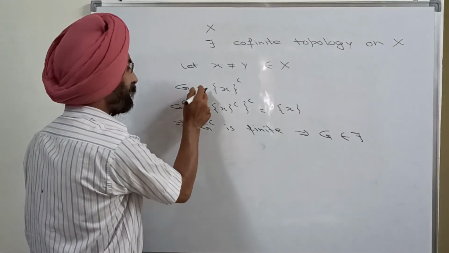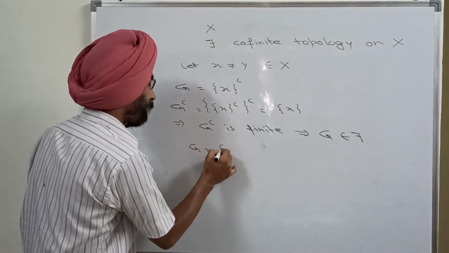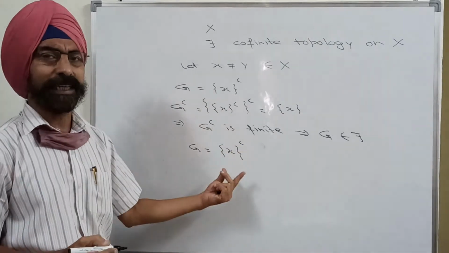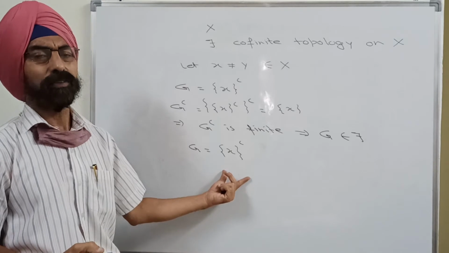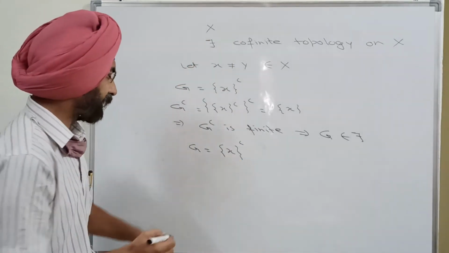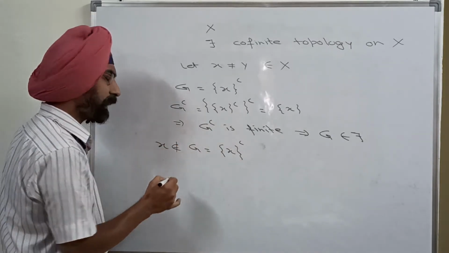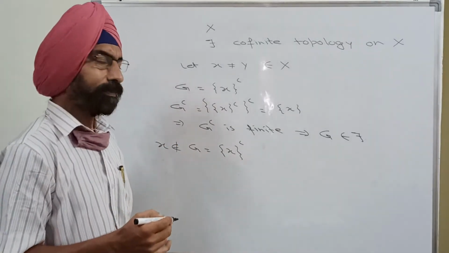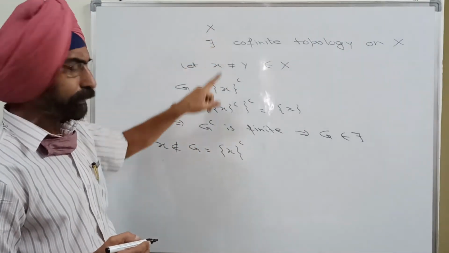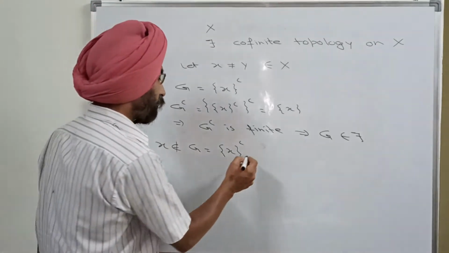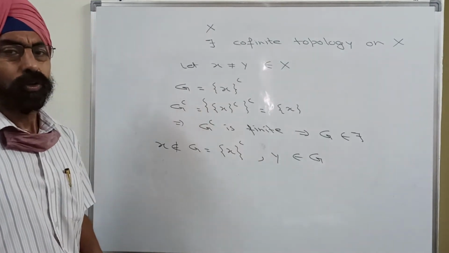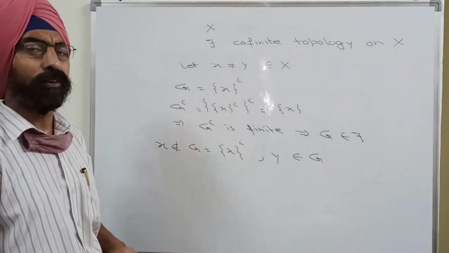Now what is G? G is the complement of the singleton set {x}. That means G contains everything from the set X other than x. So x does not belong to G. And since it contains every element other than x from the set X, y must be in this set. So y belongs to G. Once again look at what you have obtained.